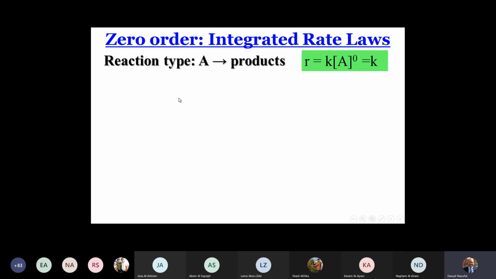Suppose this reaction is zero order. That means R equals k [A] to the power m, and m equals 0. A to the power 0 is 1, so the rate of the reaction is equal to k, a constant.